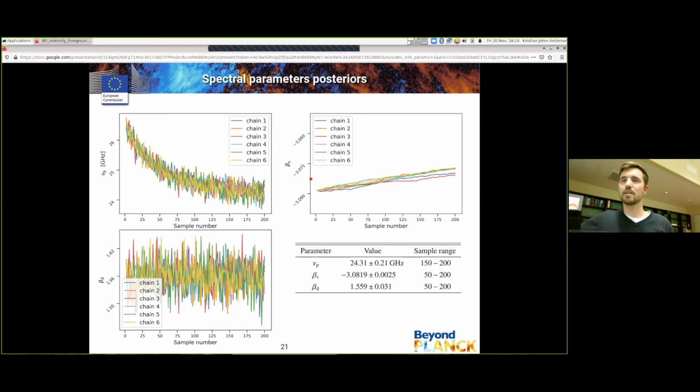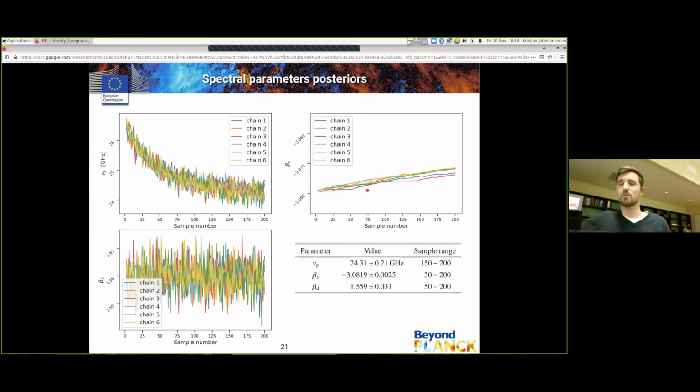Now, effectively, we have more or less frozen this beta over all these samples at a value of around minus 3.08. But it's clear that the uncertainty is completely underestimated. We have some hypotheses of why this can be.